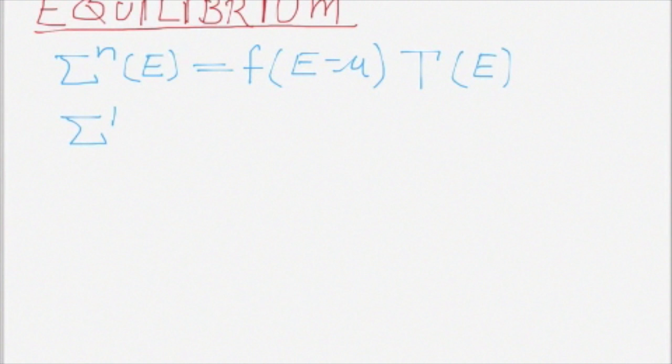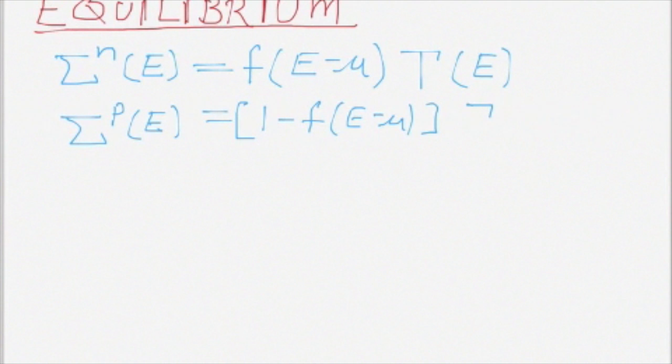So sigma p of E is just 1 minus F times gamma. Gn, which gives you the electron density, is just equal to F times the spectral function.